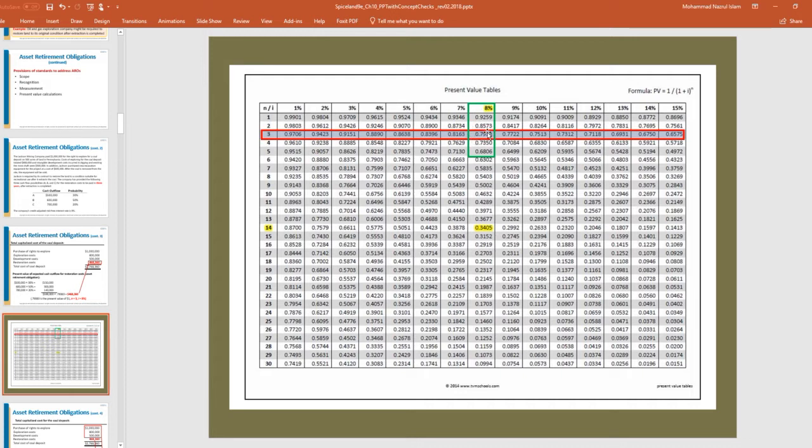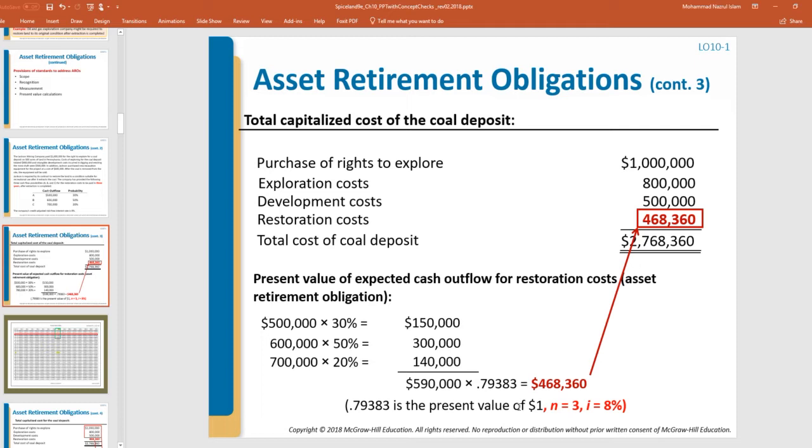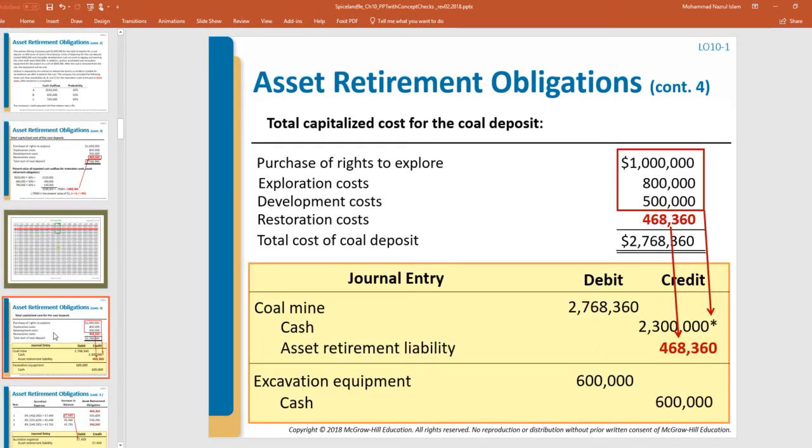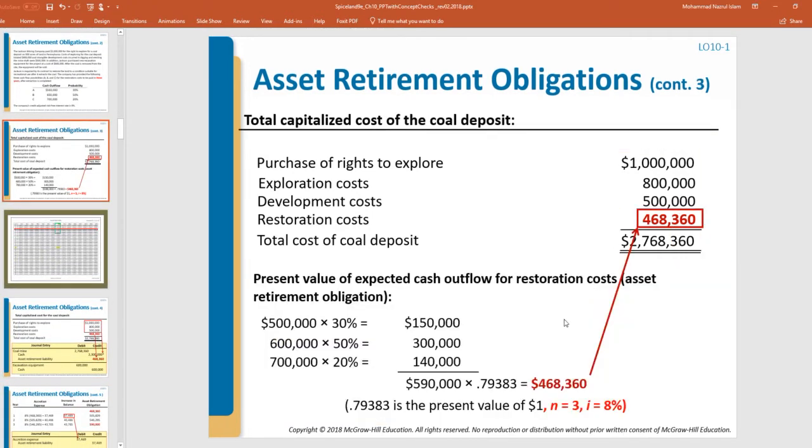So this is the amount. See, this is the intersection. So 0.7938. Okay, so we have taken the 0.79383. Okay, so our total asset retirement obligation will be this value multiplied by the present value factor.